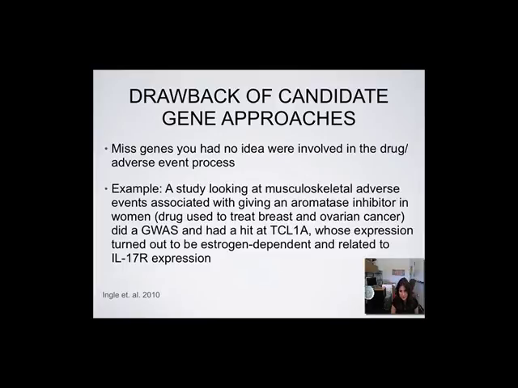So the aromatase inhibitors that are essentially affecting the estrogen in the body were also affecting this gene, and this gene is actually related to interleukin 17 receptor expression, and so in that way one would not be able to predict a priori that this gene was tied to this adverse event.